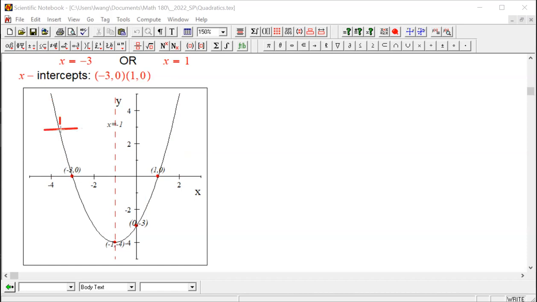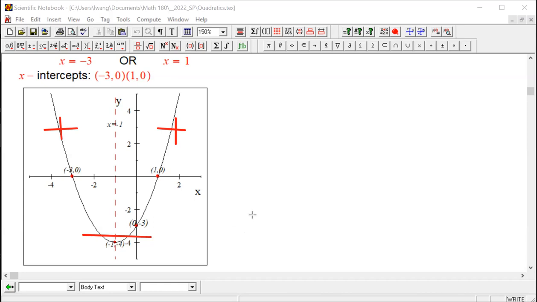So this piece is positive, and that piece is positive, and this piece is negative, and at the two dots on the x-axis, the outputs are 0. So output positive on this piece, output positive on this piece, output negative on this piece, and output is 0 at the intercepts.